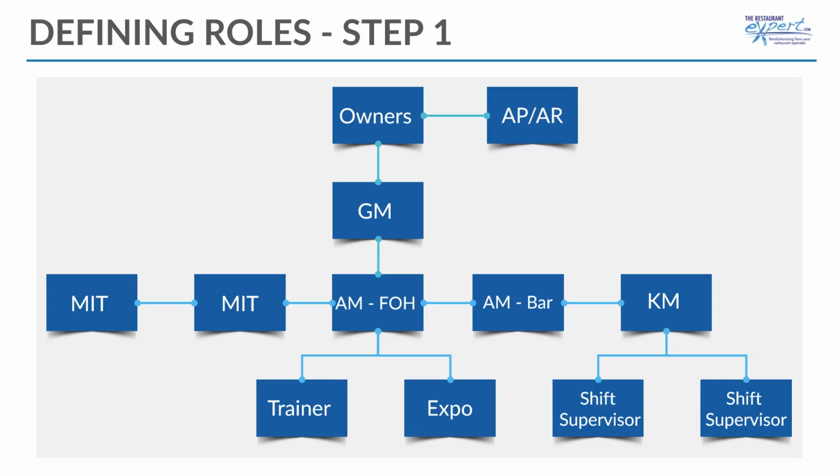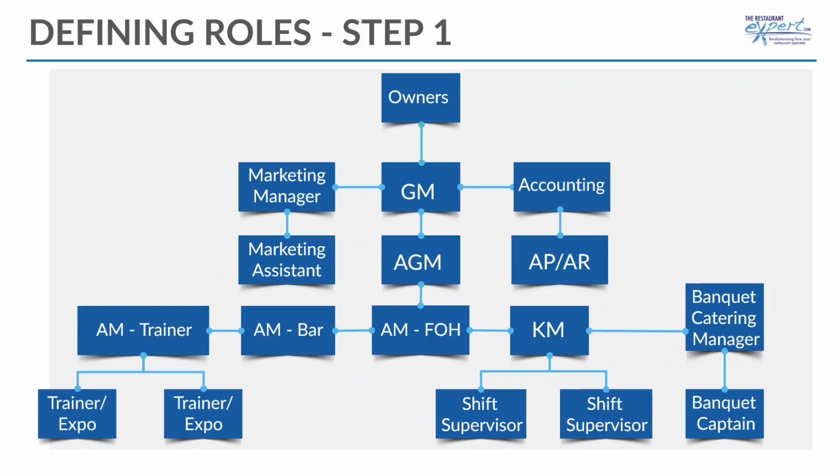We have an AM FOH, which is assistant manager for front of house, an AM bar, an assistant manager in charge of the bar, a KM, which is a kitchen manager, and under each, our assistant manager in front of house is in charge of the trainer in the expo, and the kitchen manager is in charge of two shift supervisors in the kitchen. So again, you can see, very simple, but then we can get bigger.